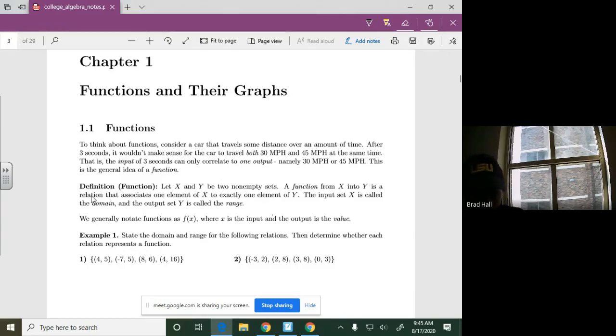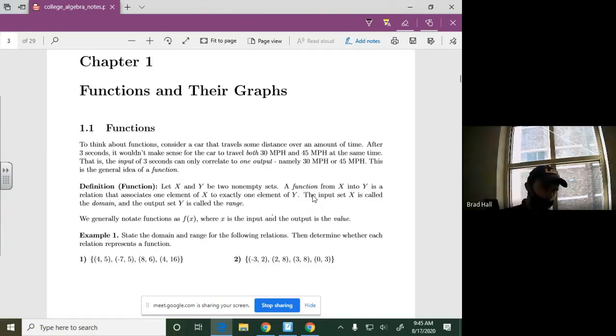It's a relation, so it connects some stuff together, like seconds and miles per hour, that associates one element of X to exactly one element of Y. That's exactly what I said. So 3 seconds can only correspond to 1 mile per hour, either 35 miles per hour or 45.